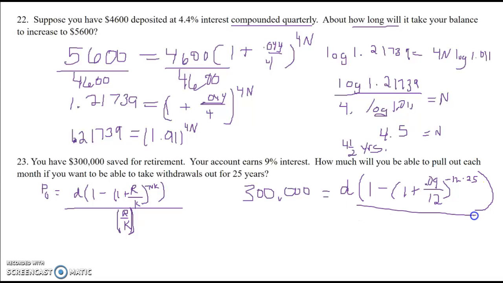And then I'm going to divide all that by 0.09 divided by 12.